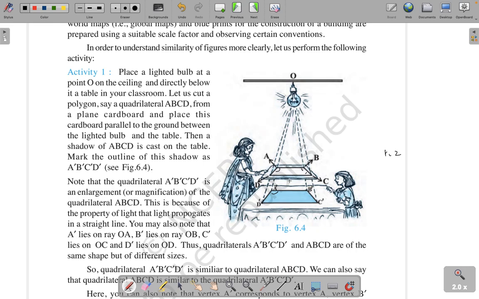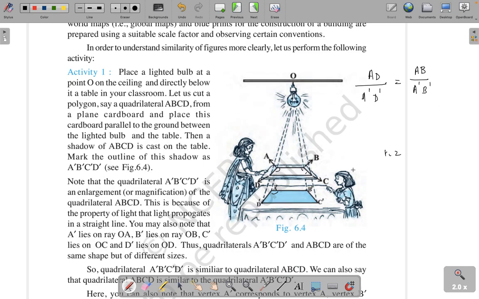To be similar, both the criteria should be satisfied. First thing that you check is whether sides are proportional. To check that, you can take the ratio of AD and A dash D dash, and you'll get some value. Then you take the ratio of AB and A dash B dash. They should be the same. So AD upon A dash D dash should be equal to AB upon A dash B dash.